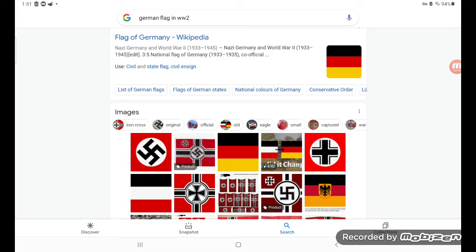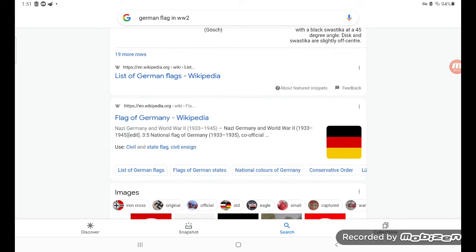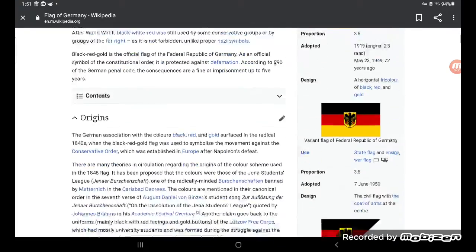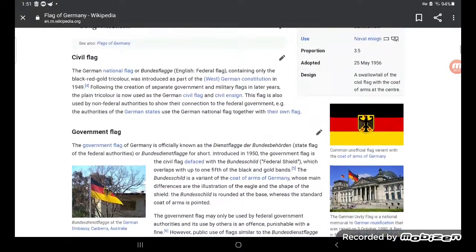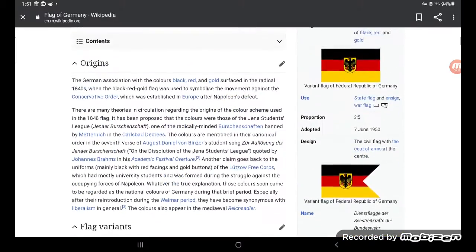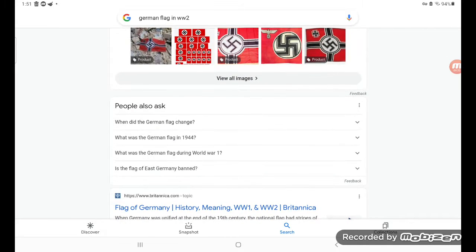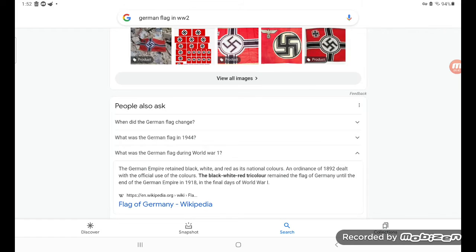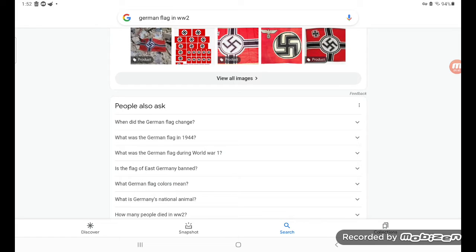See? It's actually called Nazi Germany. Where's the WW2 flag? You're trying to hide from me. That's so sweet. What was the German flag? See? You are 100% wrong. Yeah, that one is Germany's flag.